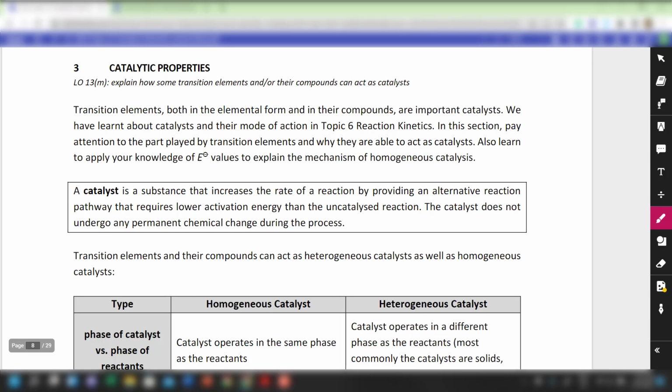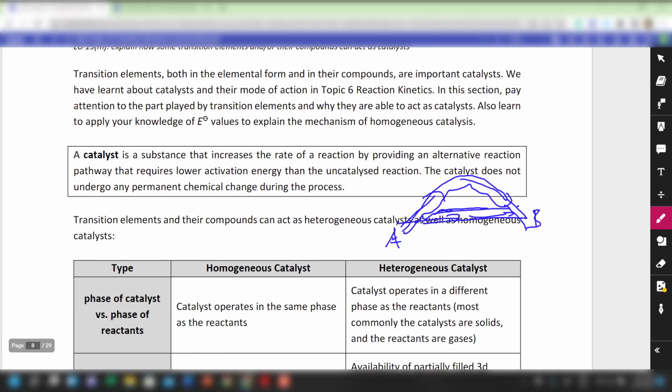It's like if you go from point A to point B, you can either climb up the hill, or you can drill a hole through the mountain and go this way. Does it change the original pathway? No, it doesn't change. That pathway still exists. You are merely going through an alternative route to B. So do remember that.